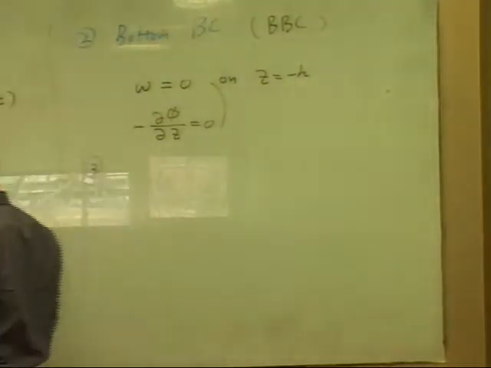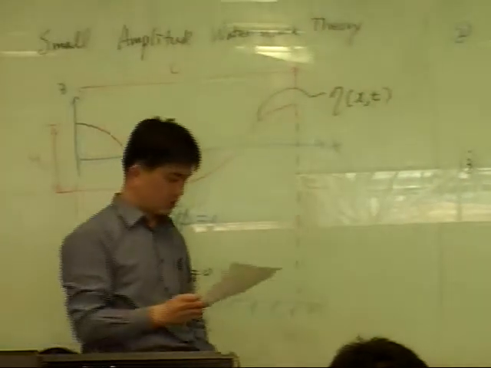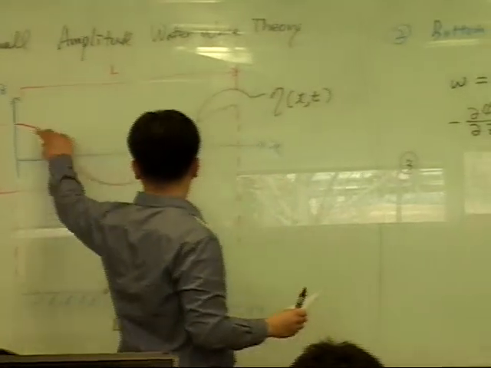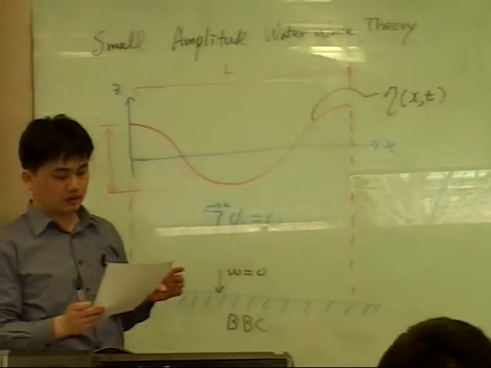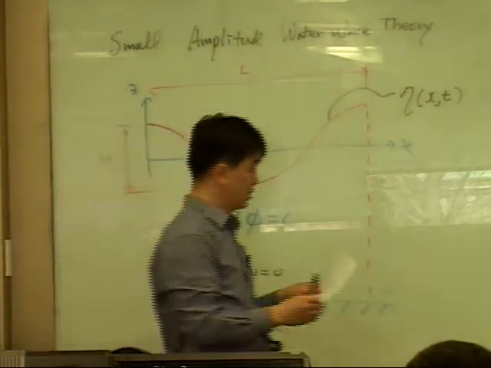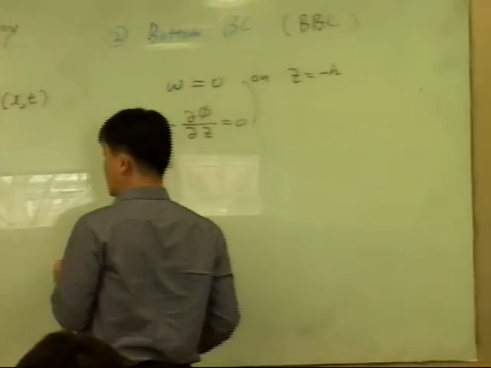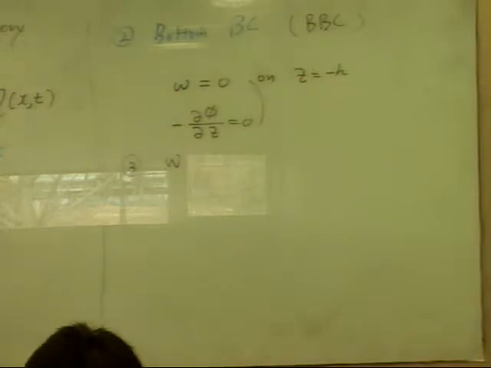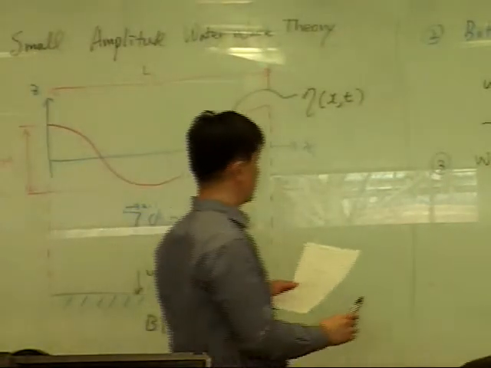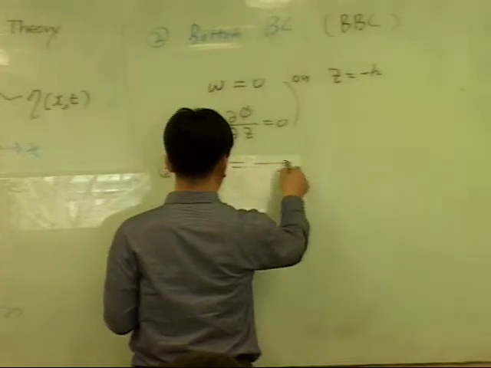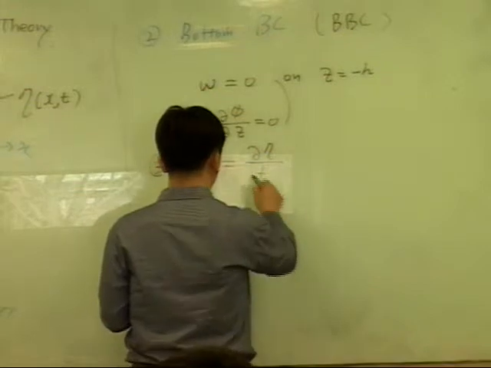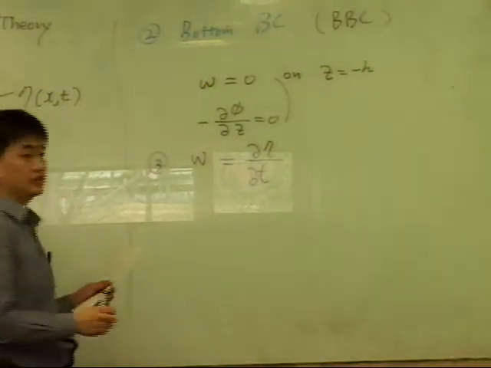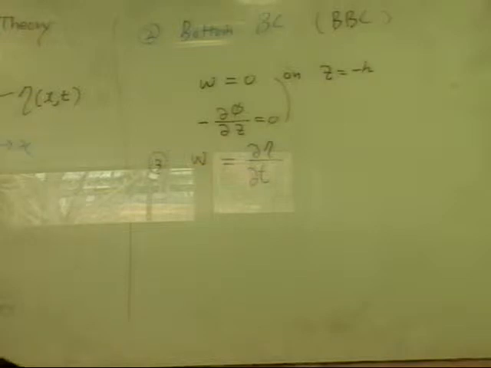And third, at the free surface here. At the free surface, the velocity normal to the surface, the velocity in the g direction, will be the same as the velocity of the surface, right?